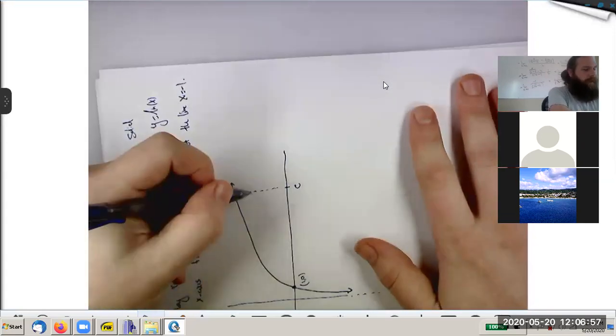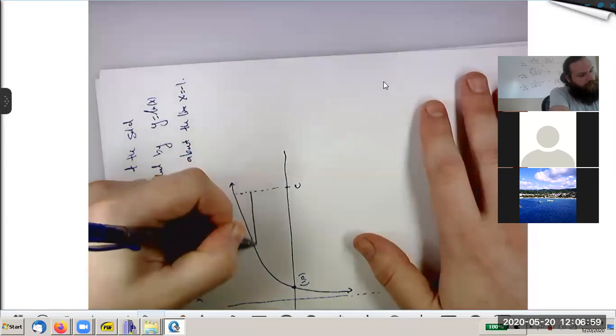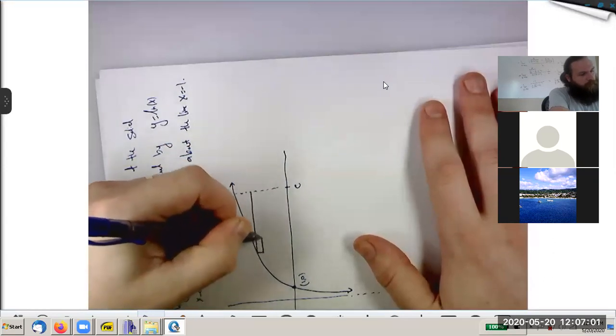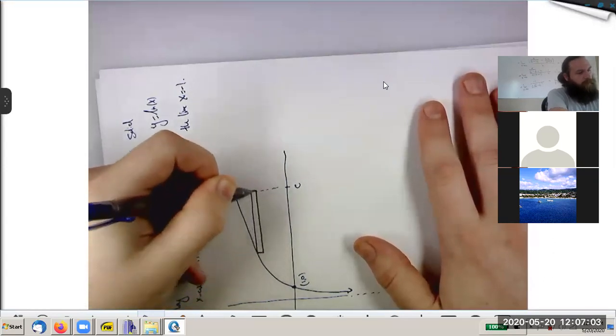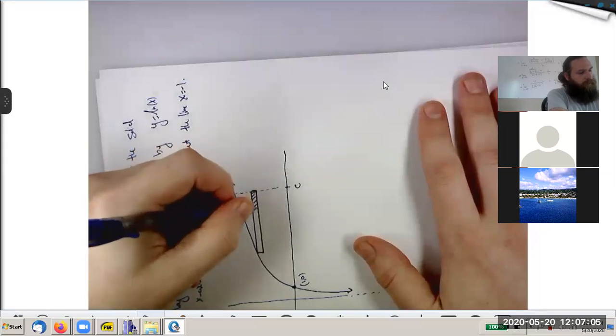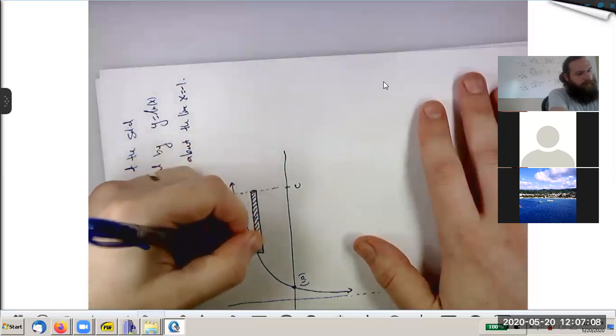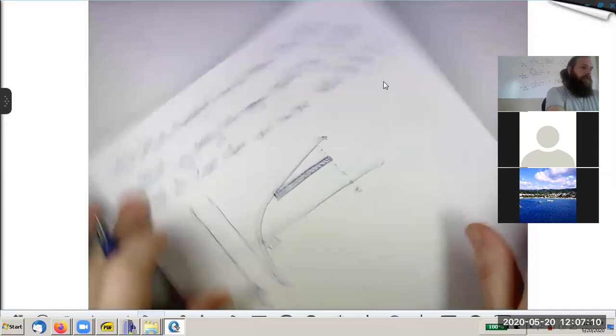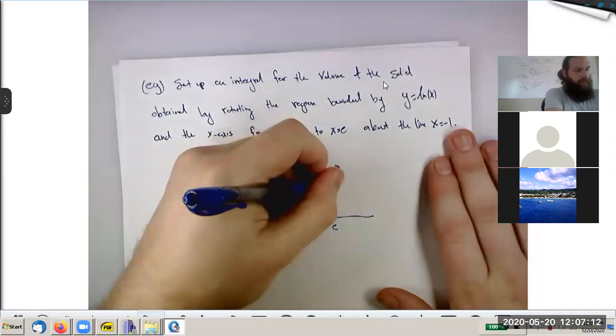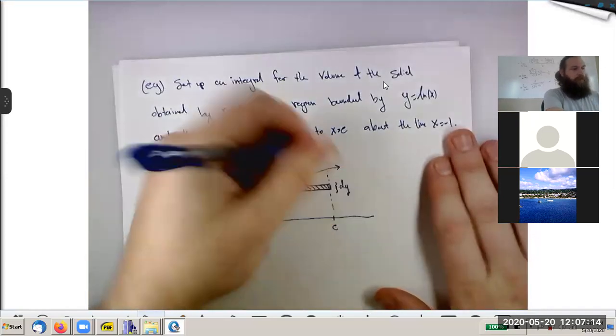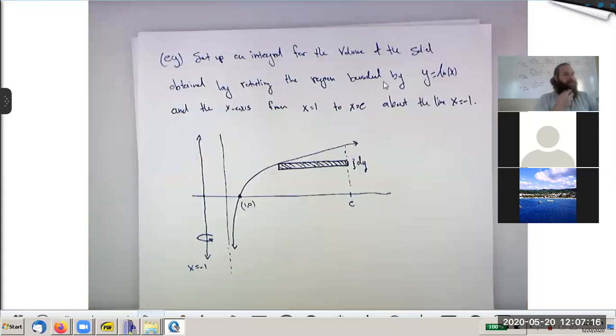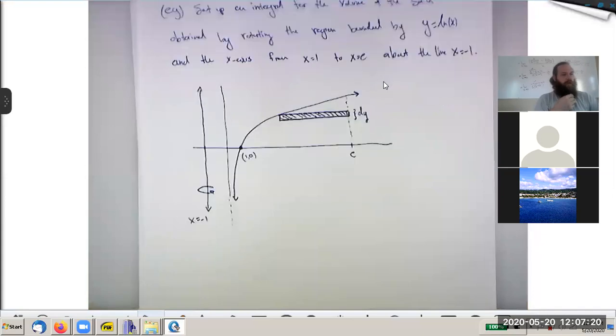That means the thickness of that strip is going to be a dy thickness. And when I spin that strip, and just that strip, around this axis, I'll get a little washer that's laying on its side.